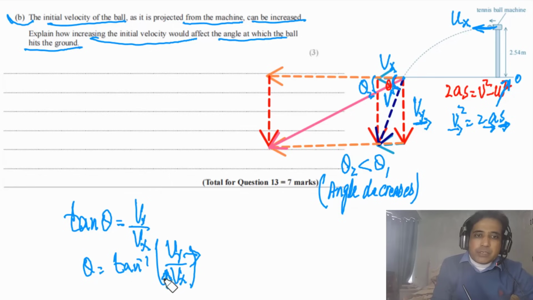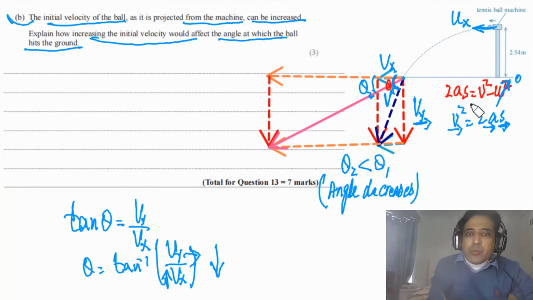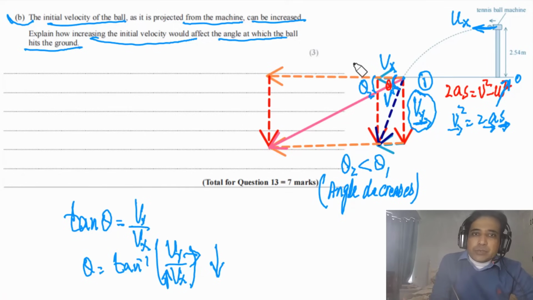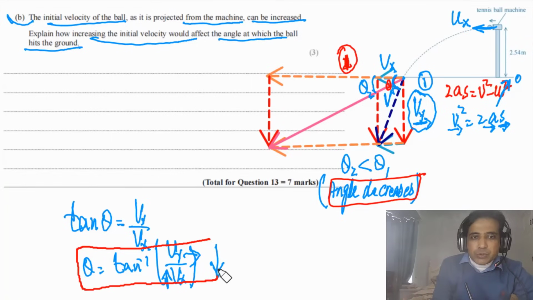So if Vx increases, angle will go down, angle will decrease. So these are the points you need to understand. In simple language, one point: vertical component of velocity remains the same. This is what you need to write down in your answer. The second point: as the horizontal component increases, angle will decrease. You can also use this equation to show this.